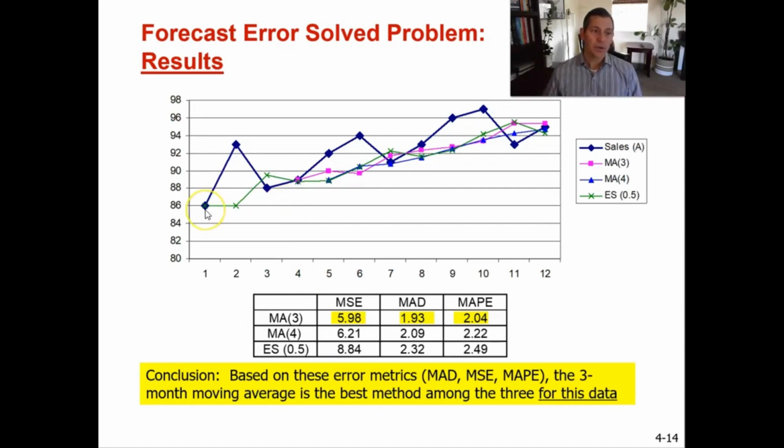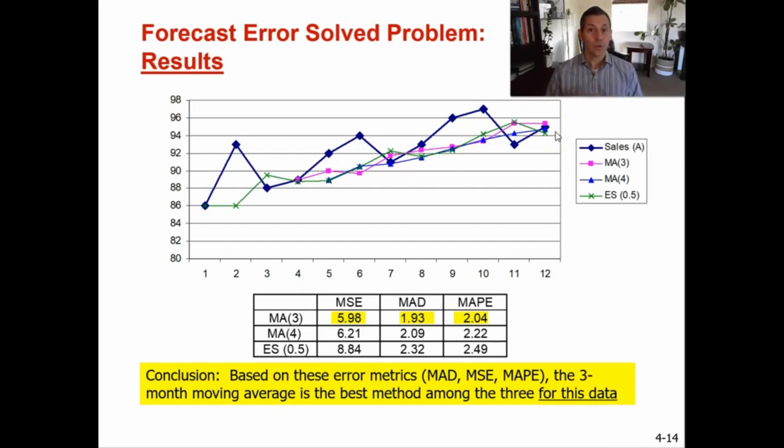Because if you recall from the last video, a higher alpha is going to be closer to your naive forecast, and that would put me in a forecasting method that was a little more volatile. It reacts quicker to changes, and this forecast does jump around a lot.